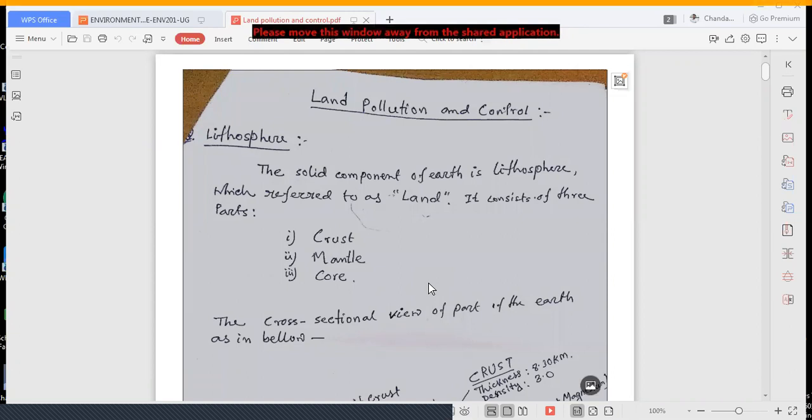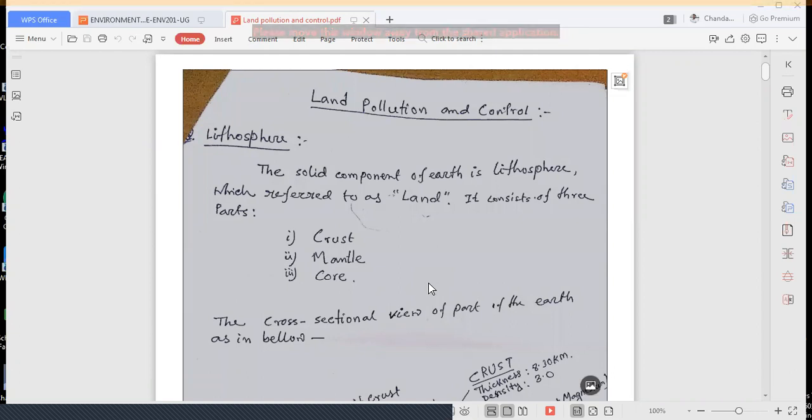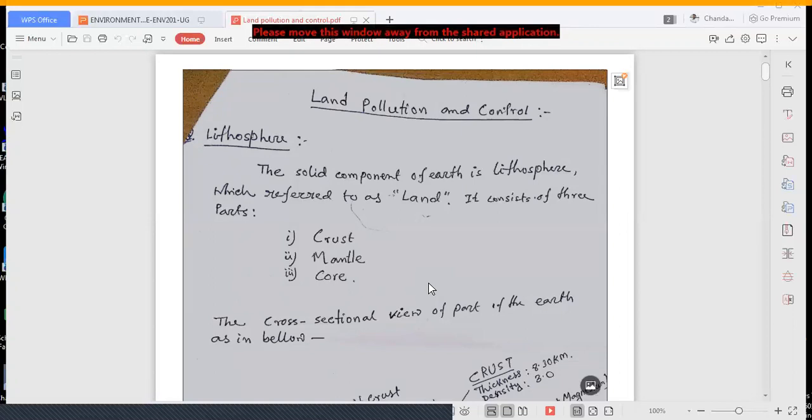Today, I shall discuss module 6, that is land pollution and control, solid waste management, etc. First, we know about the lithosphere and components of the lithosphere.